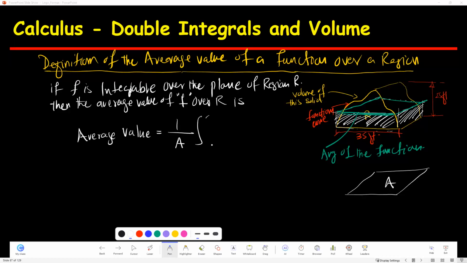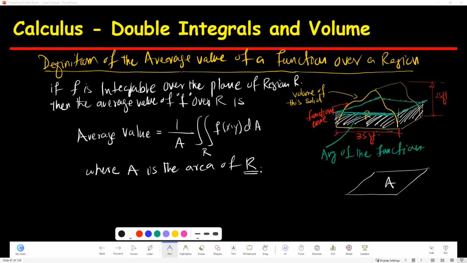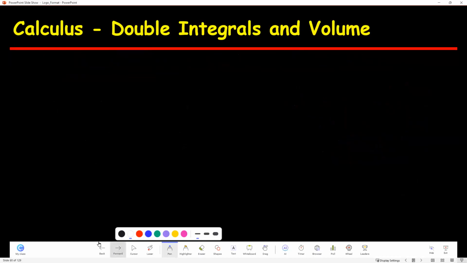And all I can do is write it as a double integral the way we used to write, where A is the area of R. There's nothing new in this topic, it's just an application of the thing we just discussed. So let's do one problem. Let's take a look at another problem.